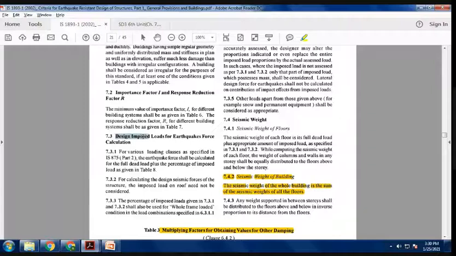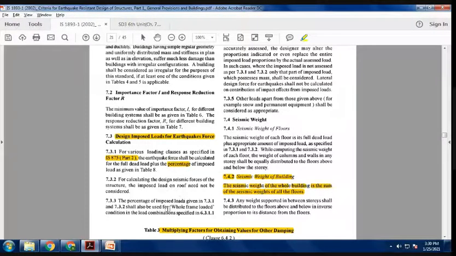Here, design imposed load for the earthquake force calculations. For imposed load, IS 875 part 2, it is mainly for live loads. The earthquake force shall be calculated for full dead load plus the percentage of imposed load.